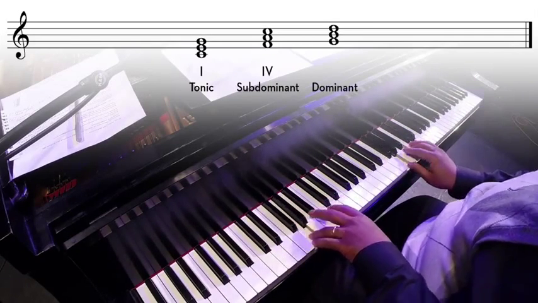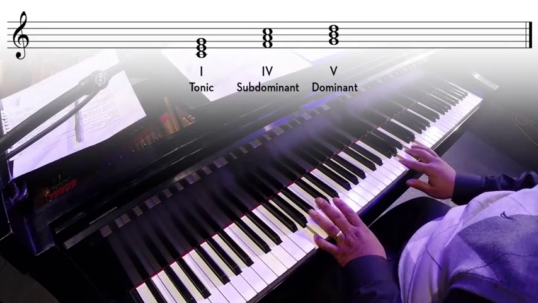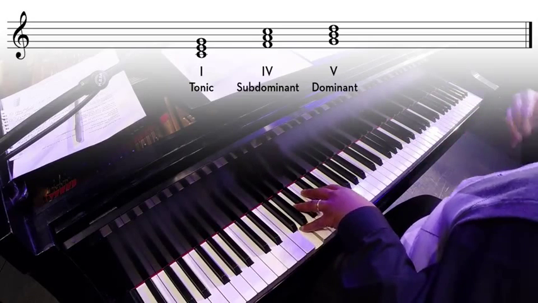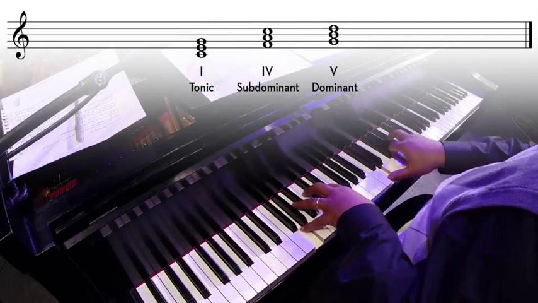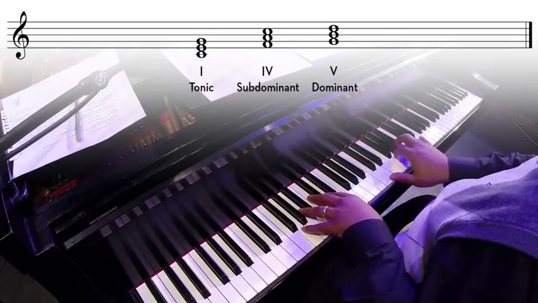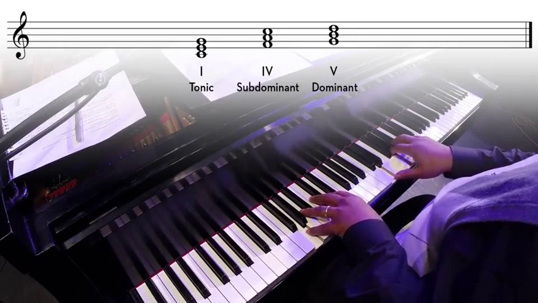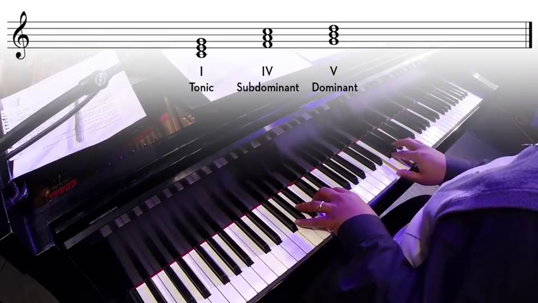Now the dominant chord is interesting because it's the 5 chord and it's a dominant chord, and the 5 chord has a tendency to go back to 1. And that's created by what they call the leading tone, going back to 1. So dominant very often goes back to tonic.